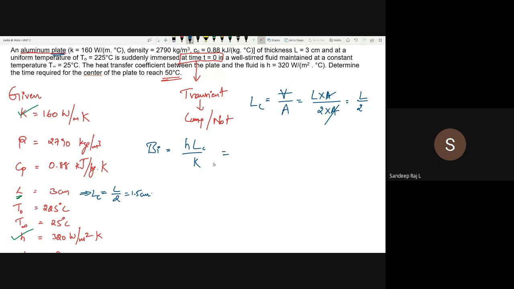So now I can substitute everything I have with me. I have H with me, it is 320, and LC is 1.5 centimeters. It is 1.5 into 10 to the power of minus 2 by K. The K value is given as 160. So somebody calculate and tell me what this value is.